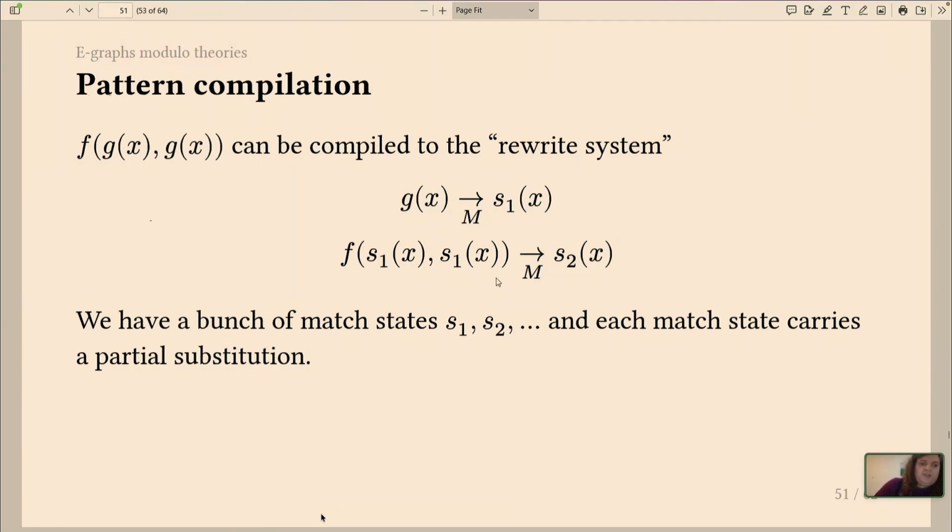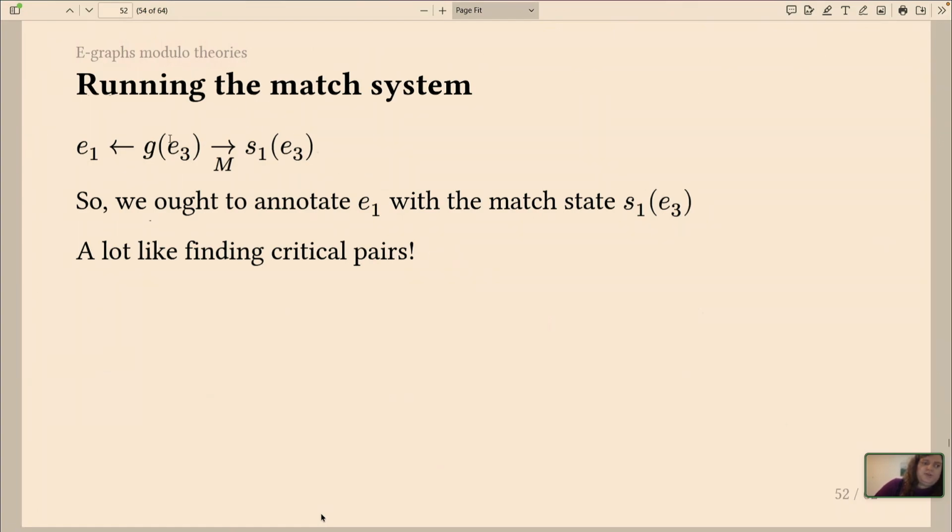But thinking of it as a rewrite system, then matching is resolving critical pairs, right? So you'd have one branch which is the eGraph relation, and one branch which is the match relation, and you find a critical pair to get that. You annotate some E-class with some match state.